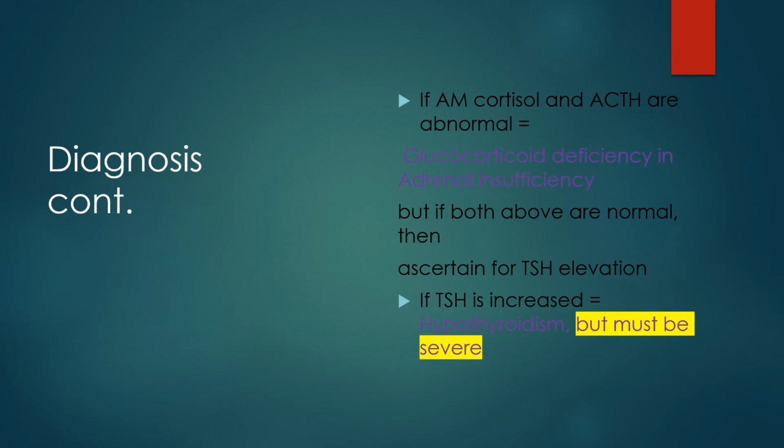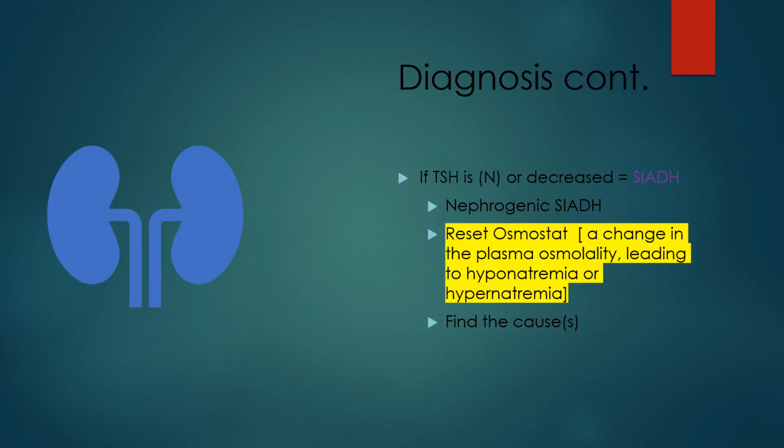If it is elevated, then we are dealing with hypothyroidism. But before hypothyroidism can give us hyponatremia that is clinically significant, it must be a severe hypothyroidism. Okay, if thyroid stimulating hormone is normal or within the normal range, or even low, decreased, then the diagnosis is SIADH.